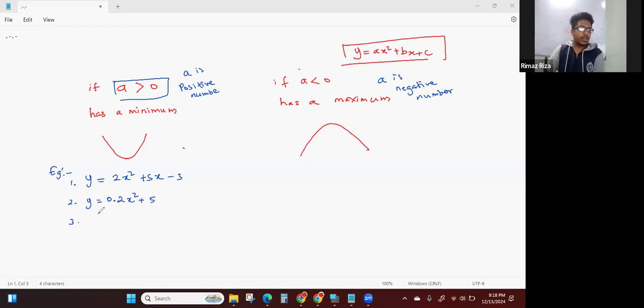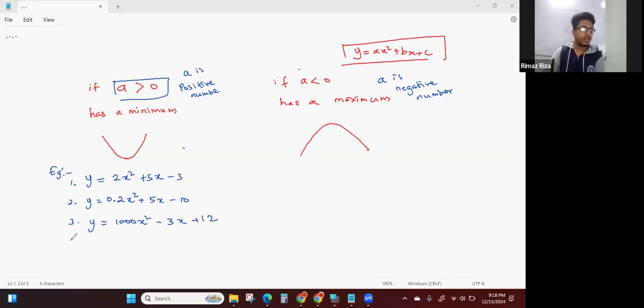Right. So here 5x minus 10. Another example, y equals 1000x squared minus 3x plus 5 plus 12.